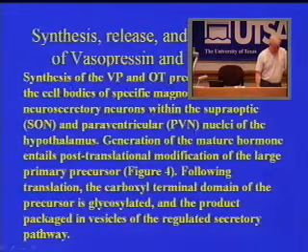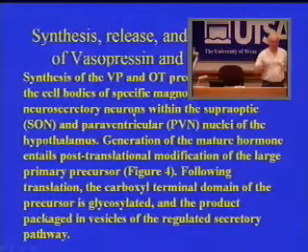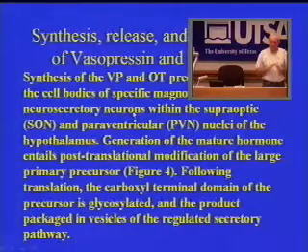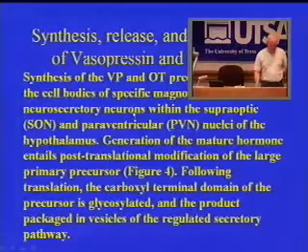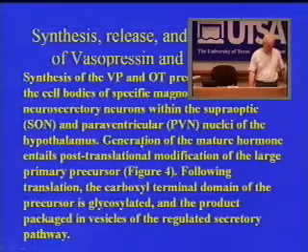The synthesis of the vasopressin and oxytocin precursors occurs in the cell bodies, again in the soma, as we talked about, of the specific magnocellular neurosecretory neurons, but there are other neurons distributed throughout the brain that aren't big ones that express this gene and release it at synapses to have effects. So it's the supraoptic nucleus as well as the paraventricular nucleus.